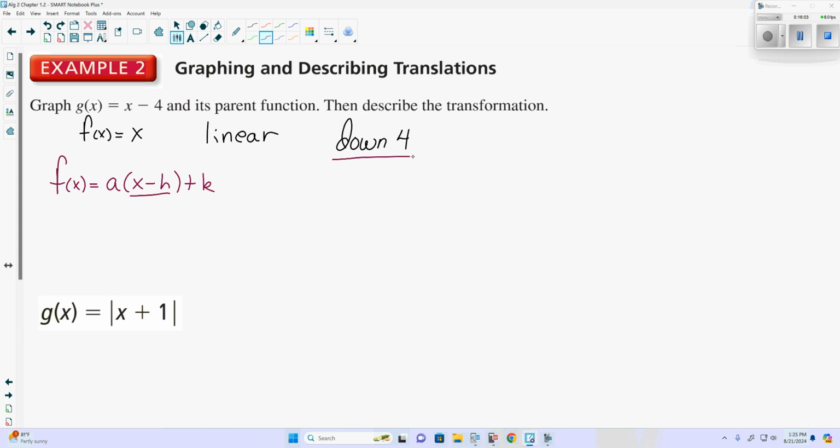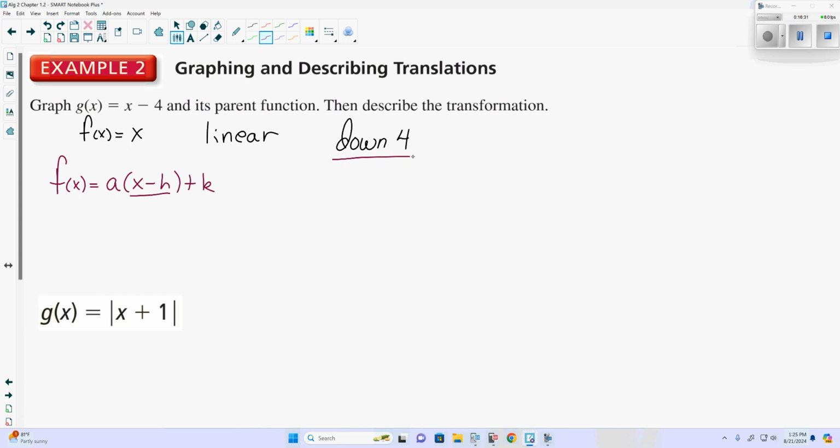So what do we think of that? We good? All right. So in this here, the whole reason I want to cover this is something that is not necessarily essential, but it's helpful. Because we can look at this, x minus 4. We know it's linear because of the x. The minus 4 tells us it's moving down 4. It gives me an idea of what the graph should look like, because we know the parent function goes through the origin.